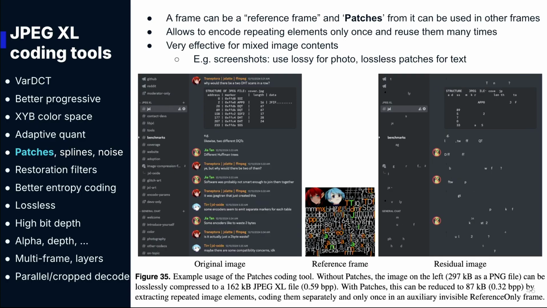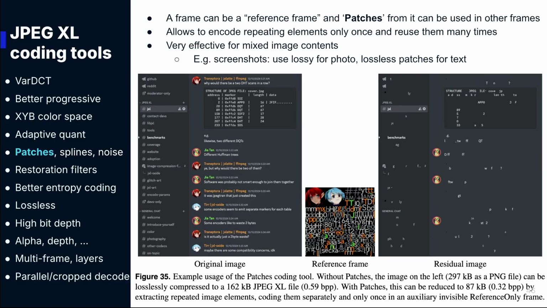So from the encoder point of view, you can subtract them from the original image. So what gets encoded is actually this. And you can see that our encoder is not perfect. It misses some of the repeated elements, but it can detect quite a lot of them and subtract them. So you are encoding this plus this instead of that. And in terms of compression, that can give a large advantage.